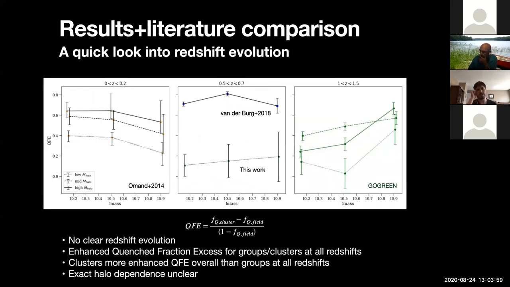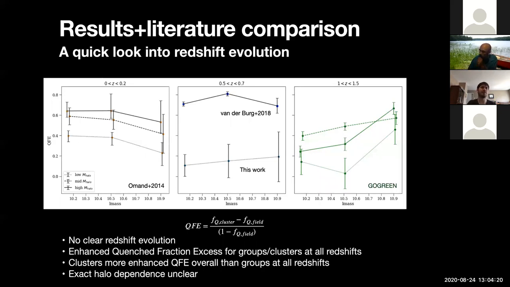Here's a probably more useful breakdown, which shows some works in different redshift bins. This is low redshift, intermediate redshift, and higher GOGREEN redshifts. This is that plot I've shown you, and each plot shows quench fraction excess versus stellar mass.